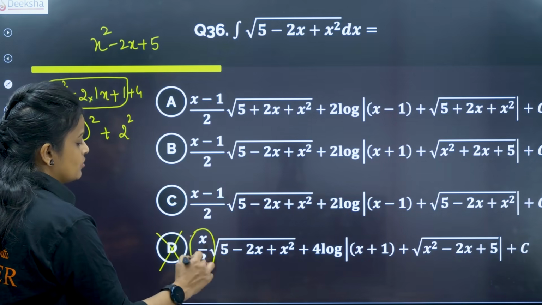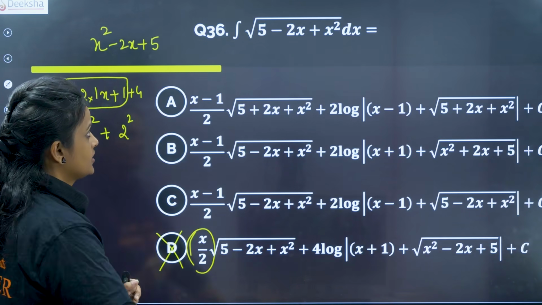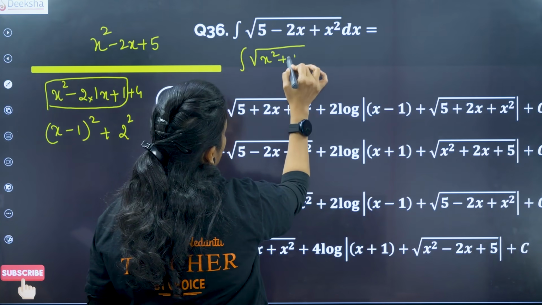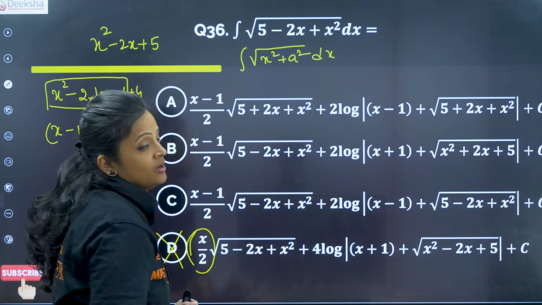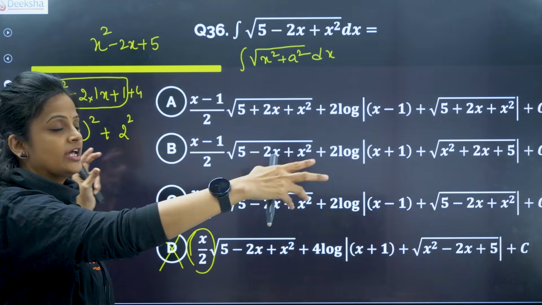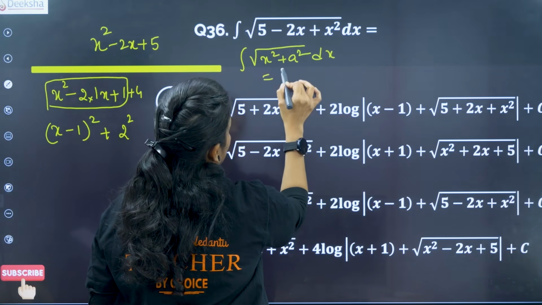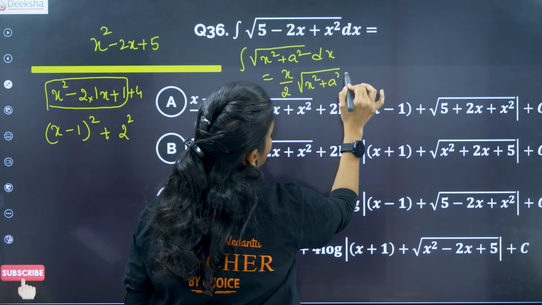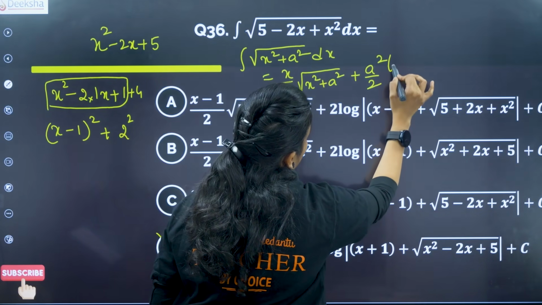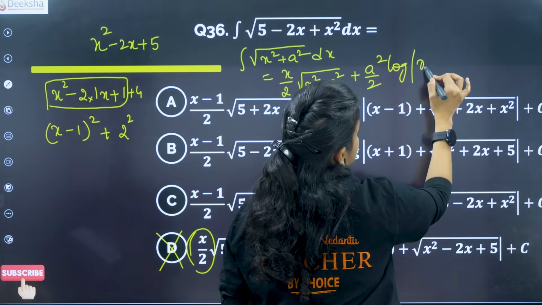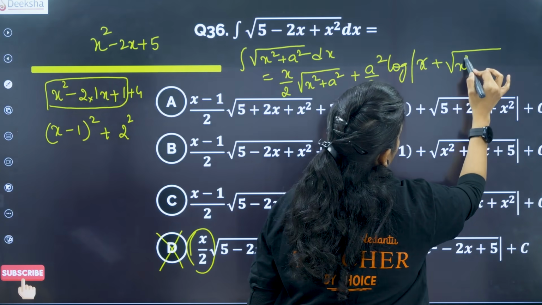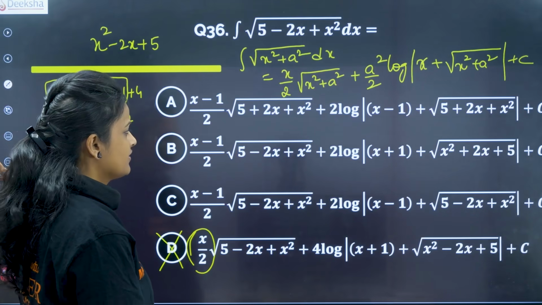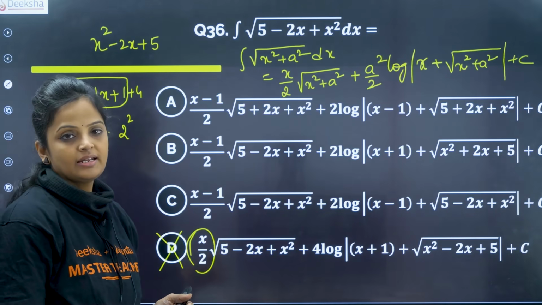Rule out this because here only x by 2 is there. Correct? One ruled out. So the integration of root of x square plus a square formula is there. Right? Just one formula in integration that is this lengthy, remember it: x by 2 into under root the same thing plus a square by 2 log of mod of x plus under root the same thing. Whatever is in the question must come. Okay, if you remember this formula, that is enough, we don't need to do anything here. So directly you can tell me the answer.